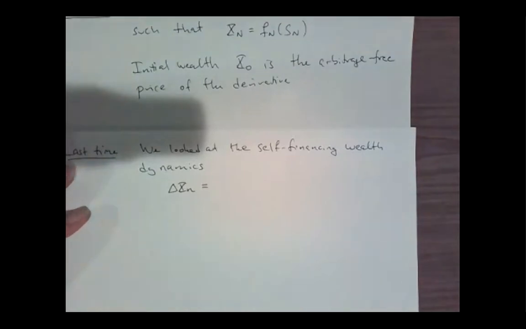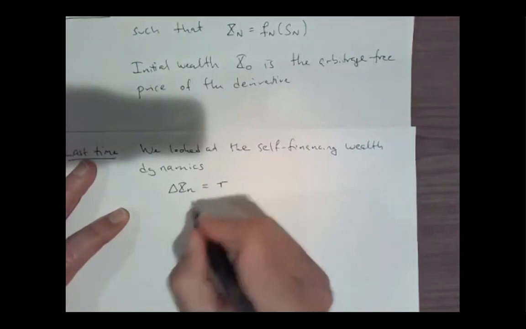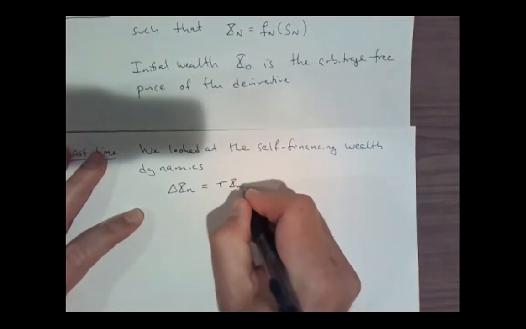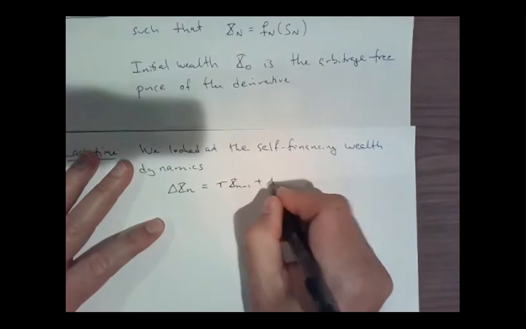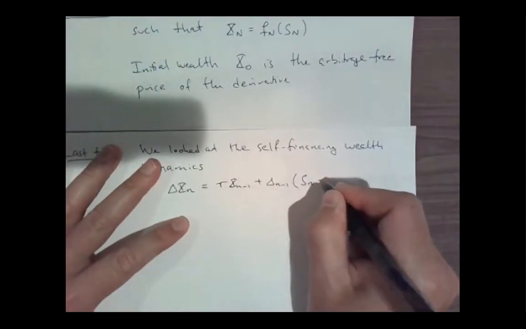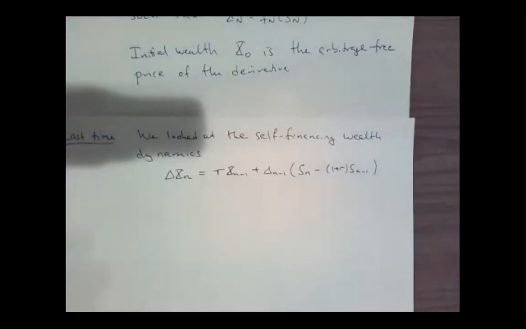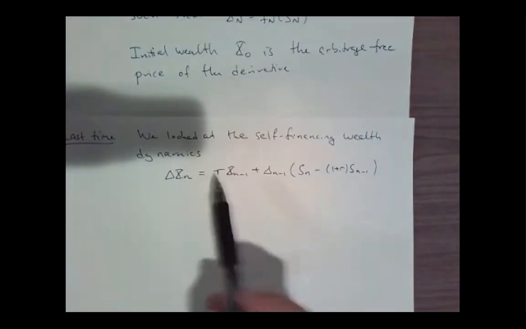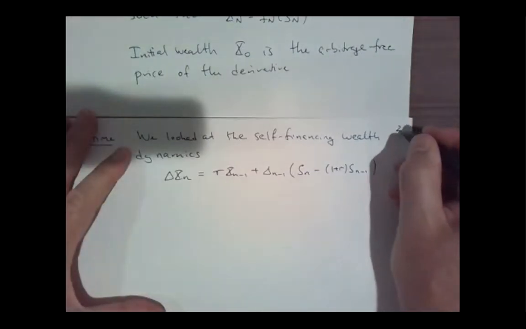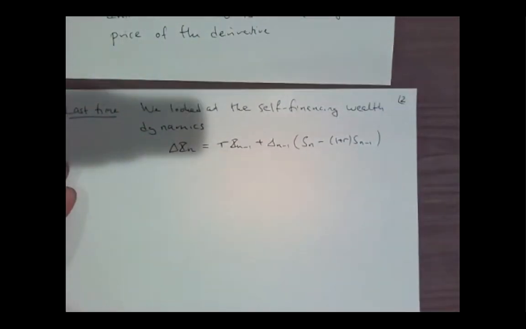If we have a self-financing portfolio, we'll compute what the changes are in it. This will be r xn minus 1 plus delta n minus 1 times Sn minus 1 plus r Sn minus 1. This took a few slides, a few pieces of paper to calculate, and you can go back and check the slides from last time if you need to recall how to do it. I won't do it again.